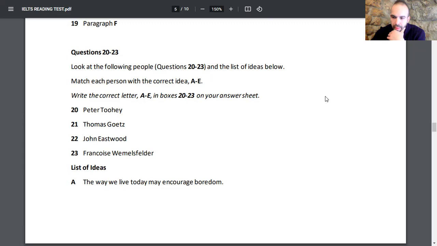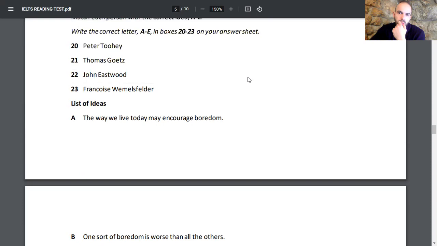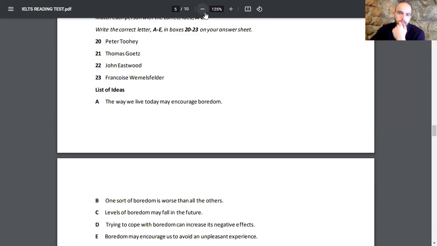So it's actually in paragraph A. And now I want you to screenshot the ideas here. So try to screenshot the people and the ideas. Try to screenshot the whole page here.